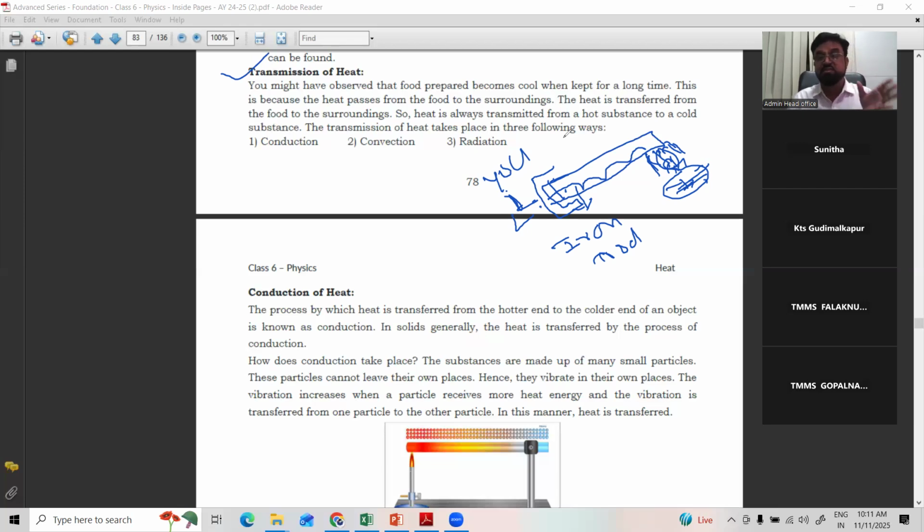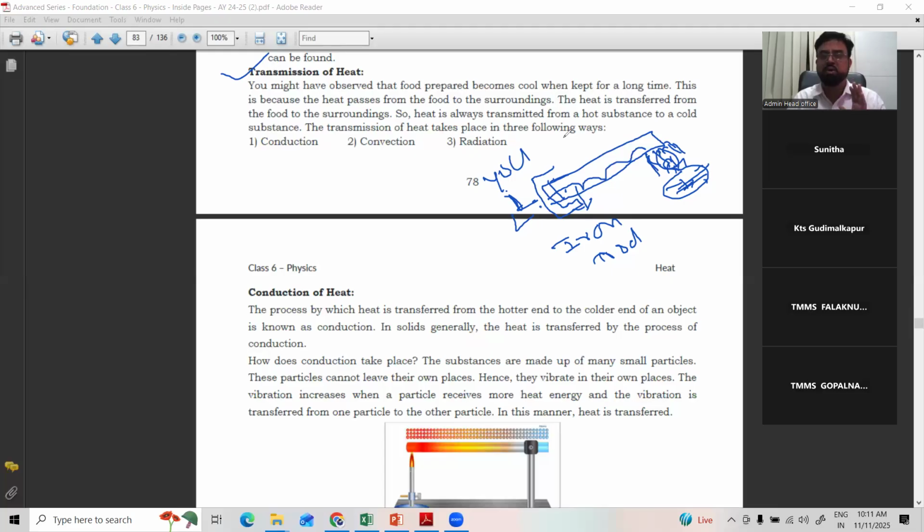So the transfer method is different in solids, different in liquids, and different in gaseous or vacuum. Different methods are there for the transmission of heat, or the transfer of heat.